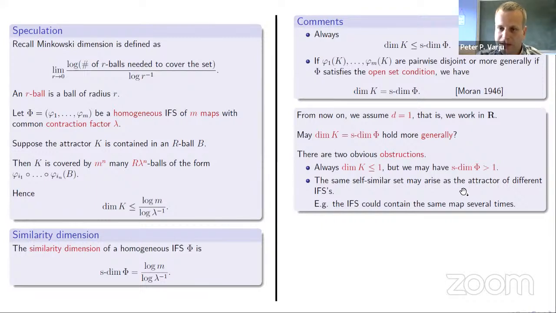And indeed, there is a silly thing that I could do. I could include in my iterated function system the same map several times. If I do that, then I will artificially increase the value of m, without changing the self-similar set itself. So this is one thing that we would need to exclude.